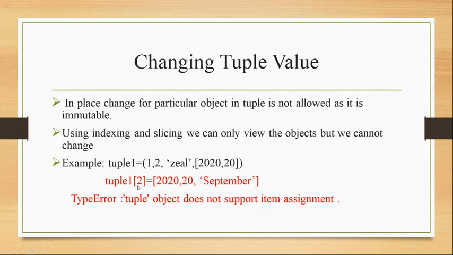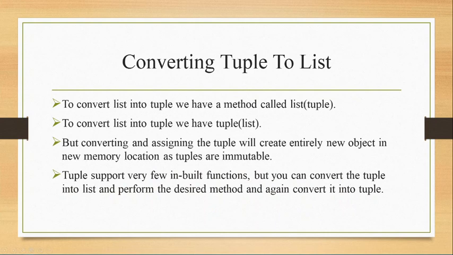If I try to change the value of an object by using an index, it will give me a type error stating tuple object does not support item assignment, as it is immutable. But if I really want to perform some operation on my tuple and change it, what I can do is convert the tuple to a list.